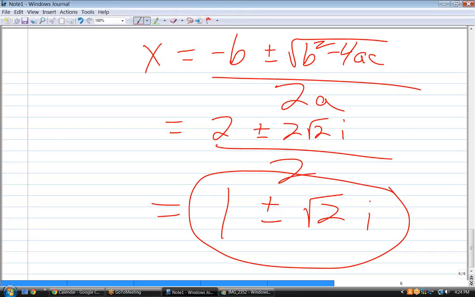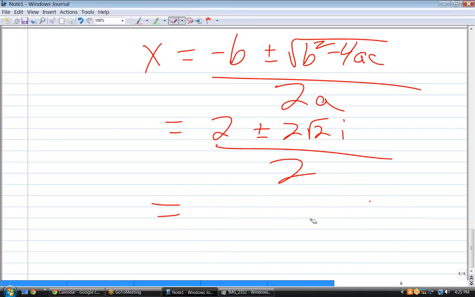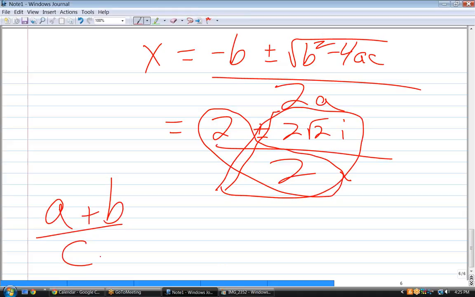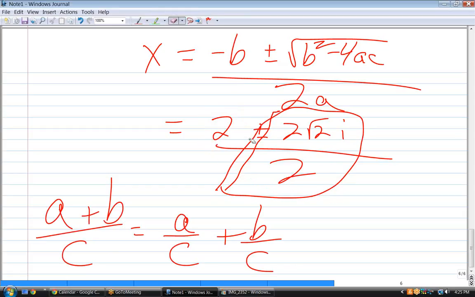How come you have to have the 2 on the left side? Because what I'm doing is dividing this fraction into two parts. In other words, I'm dividing it into that part and this part. Same way that if I have a plus b divided by c, that's equal to a over c plus b over c. And then the 2 divided by 2 is 1.